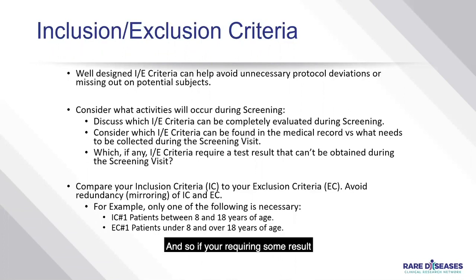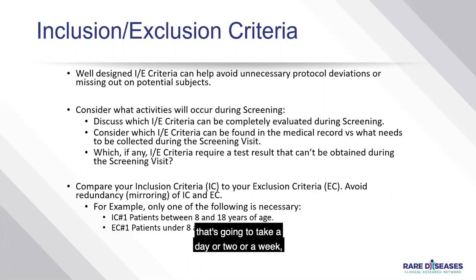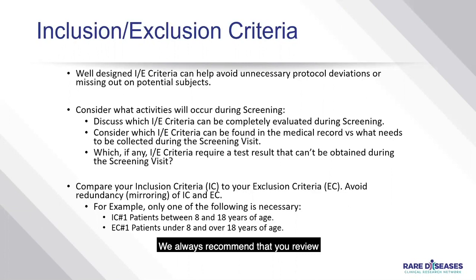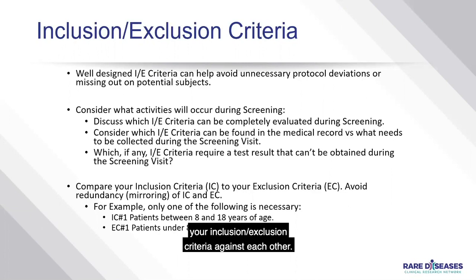And so if you're requiring some kind of result that's going to take a day or two or a week, then there's the understanding that you're going to need to have another visit potentially to review those results before they could potentially move forward in the study.